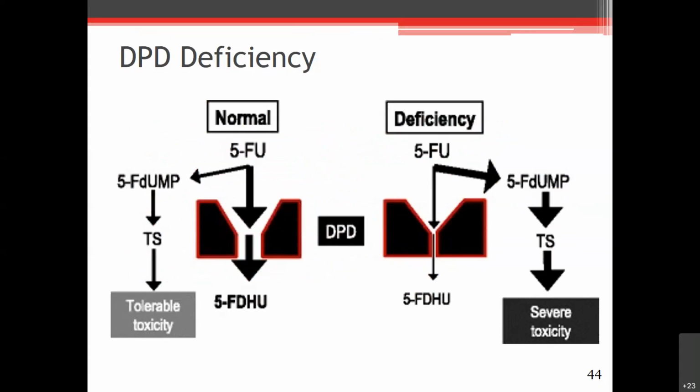This slide illustrates that DPD breaks 5-FU down, but with a deficiency, you're going to get less of the 5-FU broken down, so more of that drug and cytotoxic metabolites are going to hang around and cause severe toxicity.